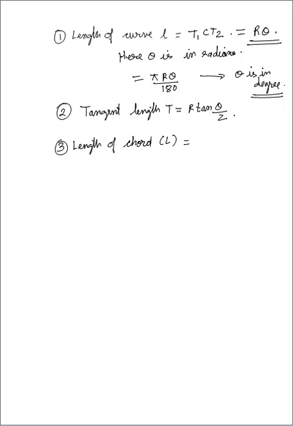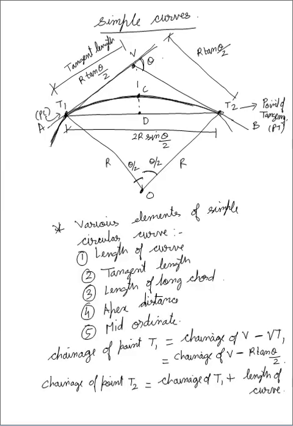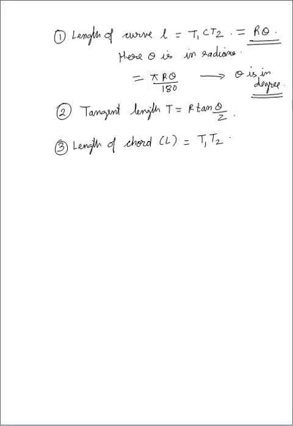So length of chord is basically the distance between T1 T2. So T1 T2 is the length of chord. Here in the diagram I have written 2R sine theta by 2. So this is the capital L. So it is equal to 2R sine theta by 2.